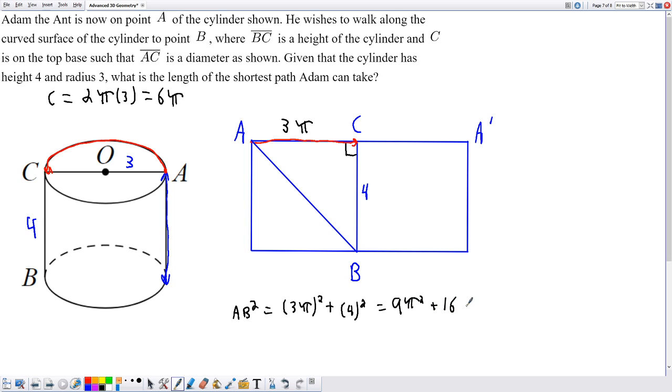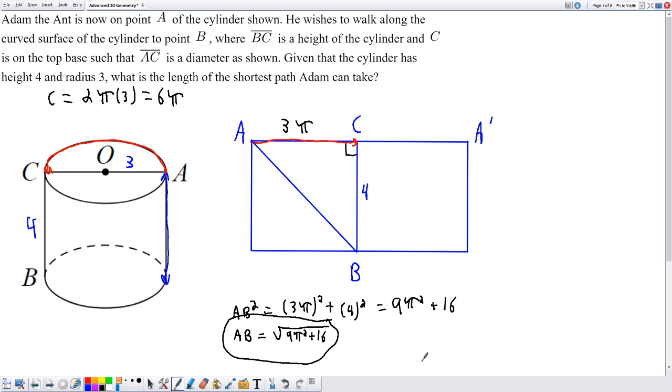So what that implies is that AB has the length of the square root of all that, so the square root of 9 pi squared plus 16. And I would say that is enough for us to work with, because we're going to get some crazy irrational number. It's not worth calculating it out.